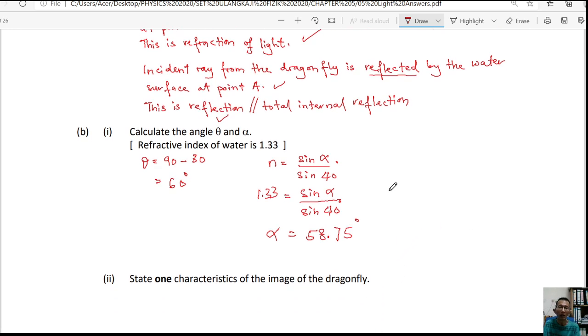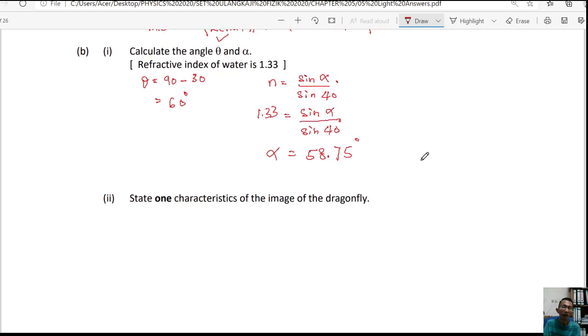Next, state one characteristic of the image of the dragonfly. What we have just now is reflection, right? So for reflection, this surface here will act just like a mirror.